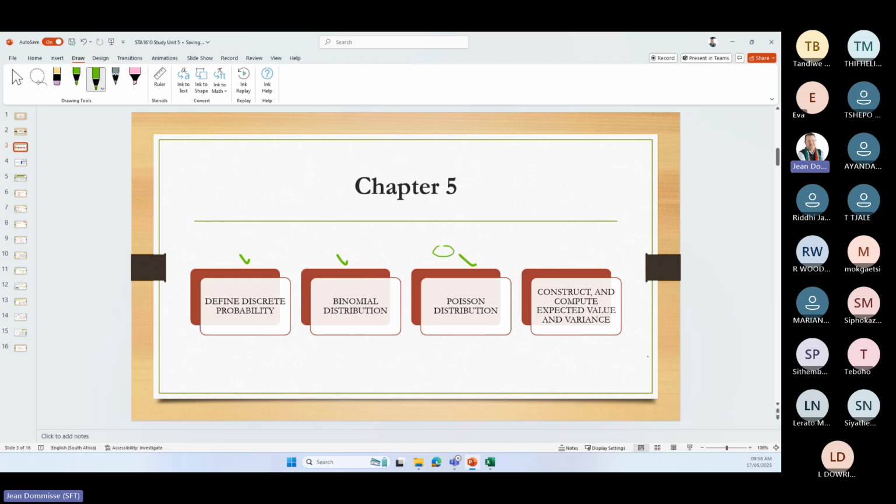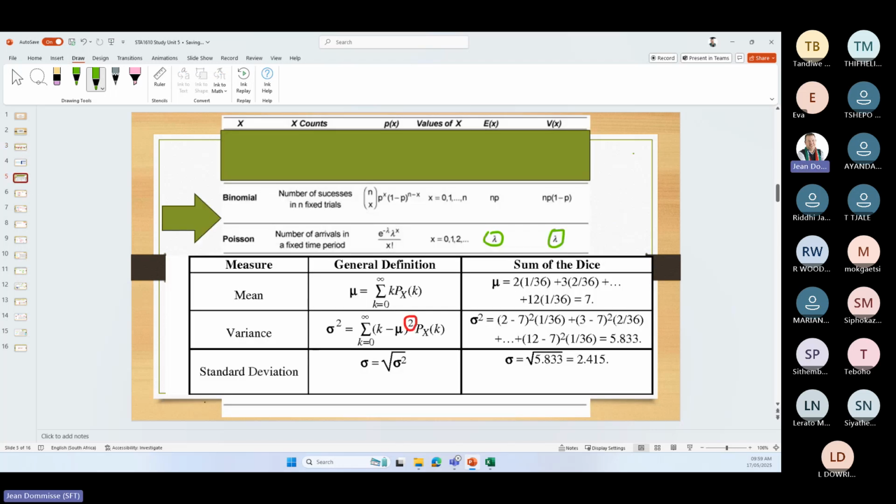And then we looked at, for each of them, if we needed to work out the expected value, or the variance, how to do that. Once again, the variance and the expected value for your binomial and Poisson is actually very easy in a sense, because you will get all of that information.